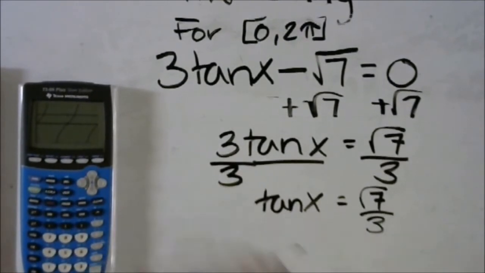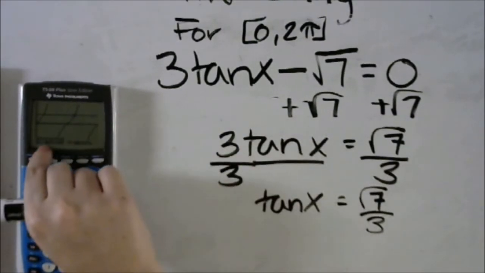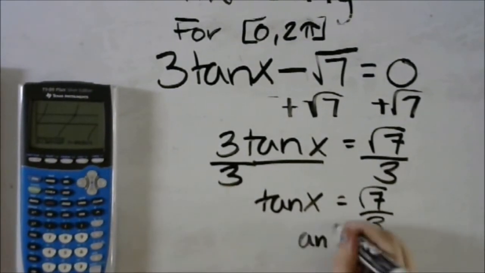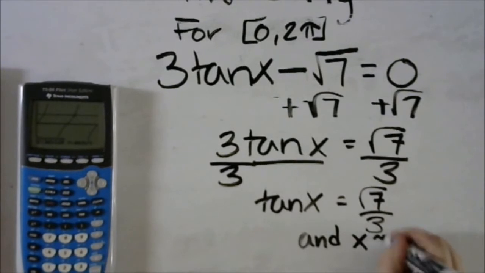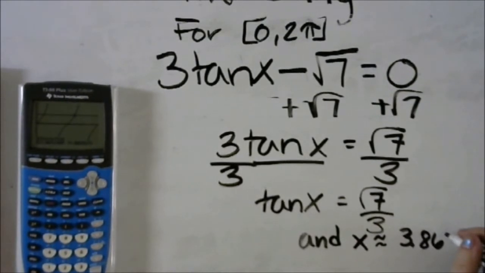I'm going to hit enter. The solution that they approximated was the one that my cursor was closest to. So I know one of the 2 solutions is approximately 3.864.